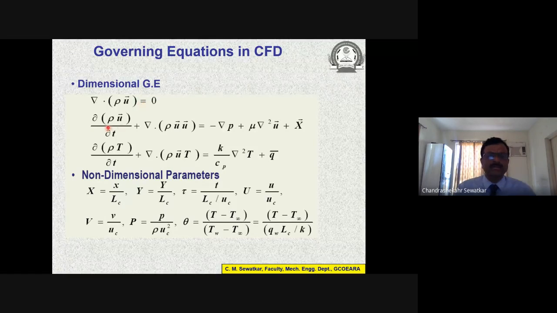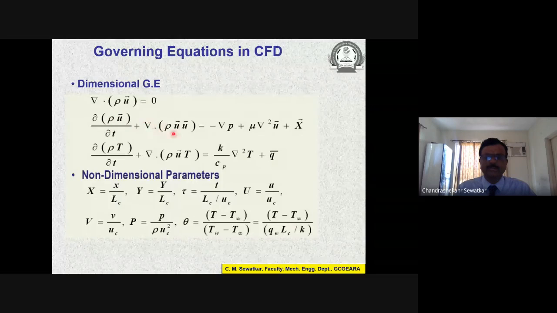Then second is the momentum equation: del by del t of rho u vector plus divergence of rho u vector u vector is equal to minus grad p plus mu grad square u vector plus X vector. In this momentum equation, the first term represents the unsteadiness in the flow.